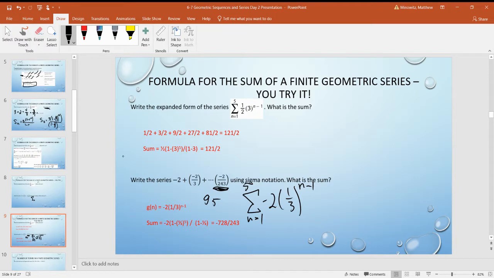And using the formula, I can get -728 over 243. Now your calculator will also allow you to use sigma notation, but as I've learned, it's really complicated. So understanding this formula and putting the formula in really is helpful to find the sum. In this case, you need to know that the last term is the 5th term.